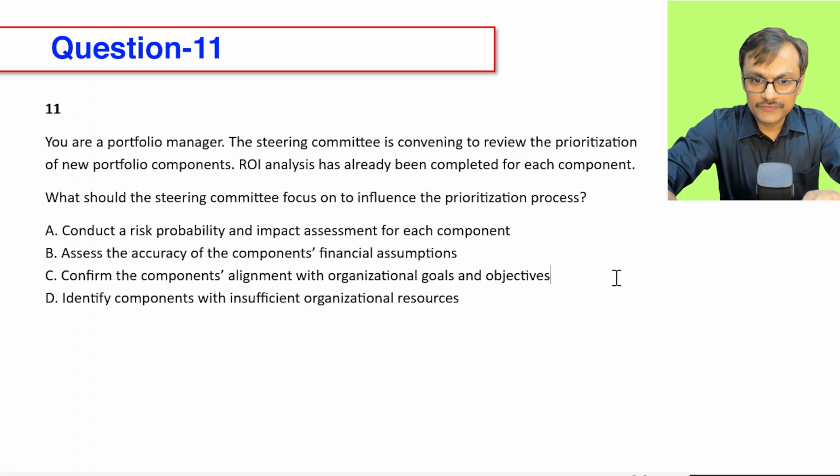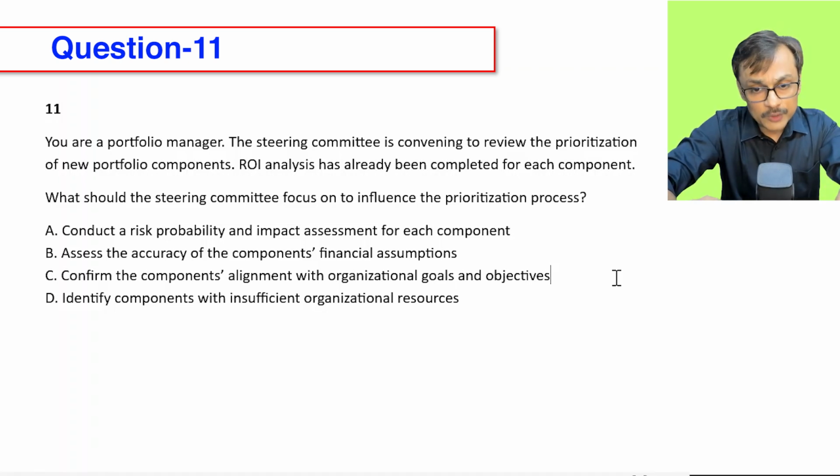In a way, what we are understanding is how the steering committee should prioritize or approve, based on your recommendation, and what they should consider. It is also indirectly connected to what kind of criteria we should use to approve the prioritization recommended by the portfolio manager.